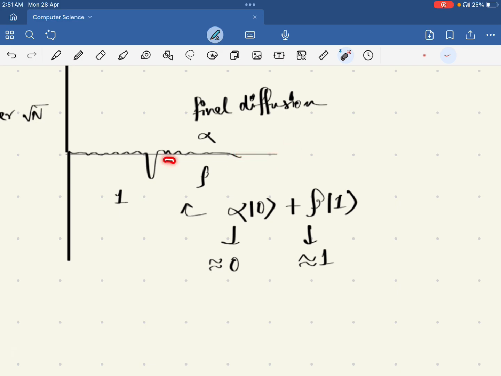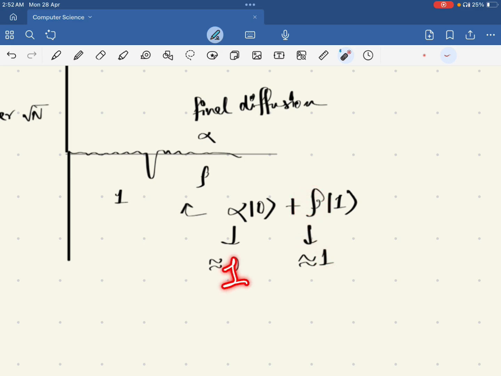Here we can see this is reaching towards 1 and the rest is reaching towards 0. So the final superposition state would look like alpha tending towards 0 and beta tending towards 1.